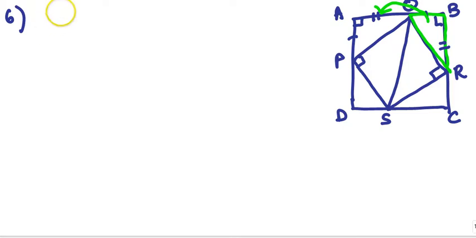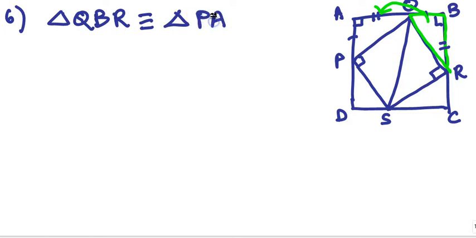Our hypothesis is that triangle QBR is congruent to triangle PAQ, where angle B corresponds to angle A, and then AP corresponds to BQ. So let's see whether we can prove this.